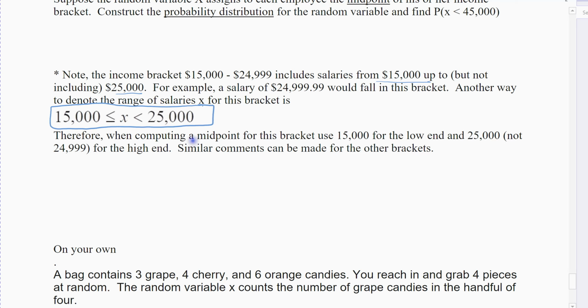And so when I compute the midpoint, I keep that in mind. I use 15,000 as the low end, and 25,000 as the high end. And again, the same thing can be said for the other ones. So you always use up to the next bracket.